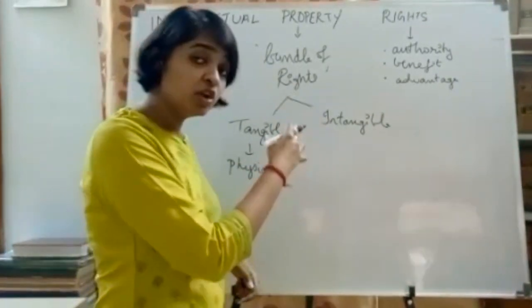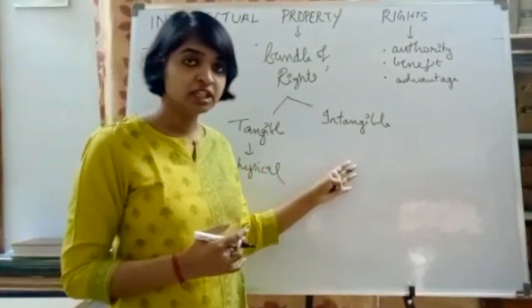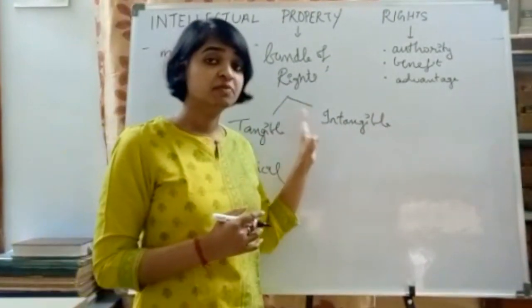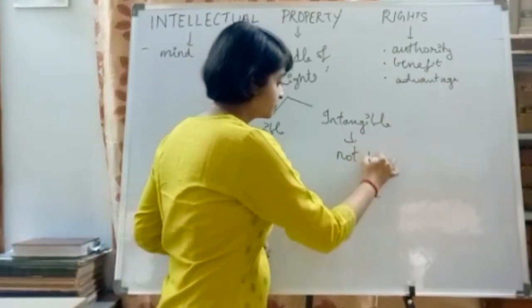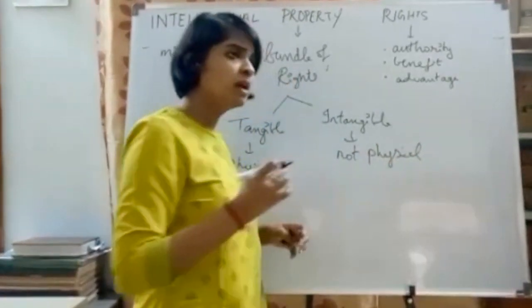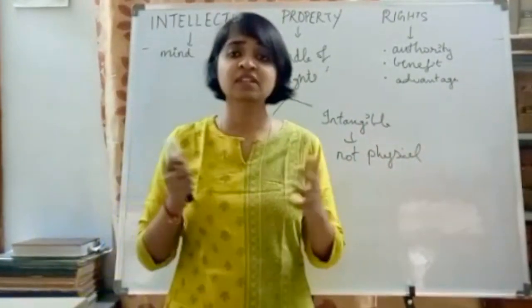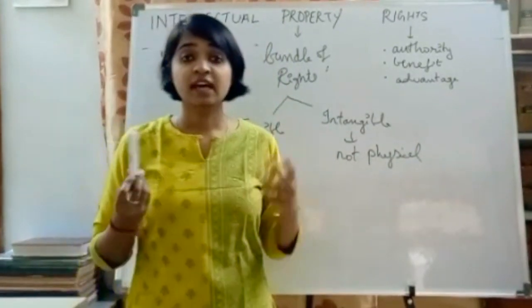Now, what do you mean by intangible? Obviously the opposite of it: something which cannot be there physically. So it's technically not physical. Now you might be wondering, what is something that is not physically there? What property cannot be there physically?